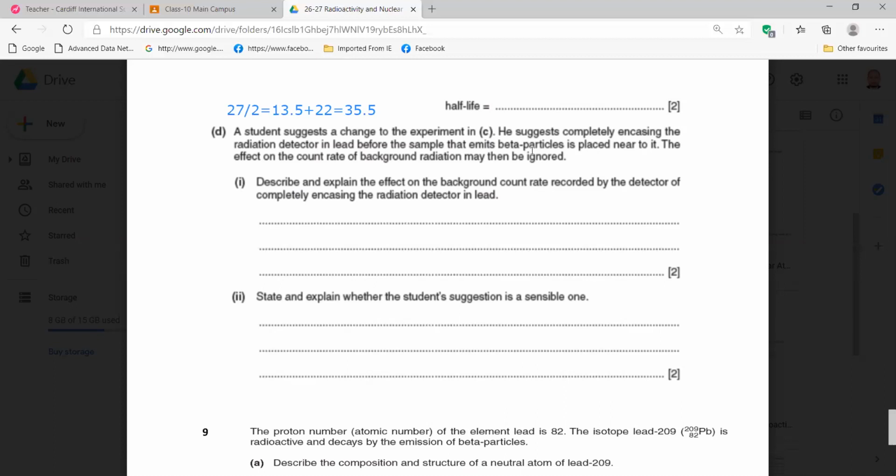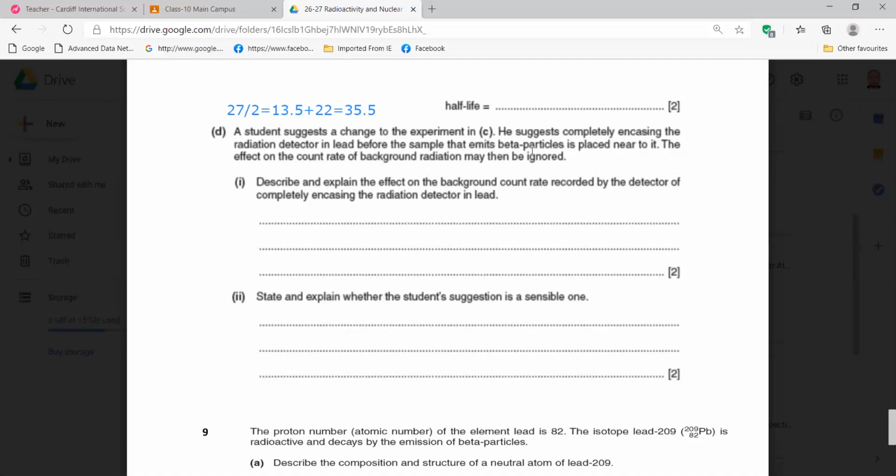If alpha, beta, gamma are all coming from the background, then the lead shielding will stop alpha and beta, but it cannot stop gamma rays. Gamma, it will stop a little bit, but completely it cannot stop.